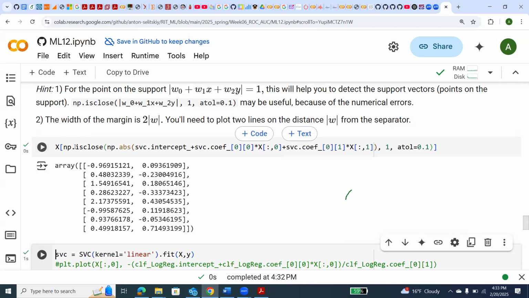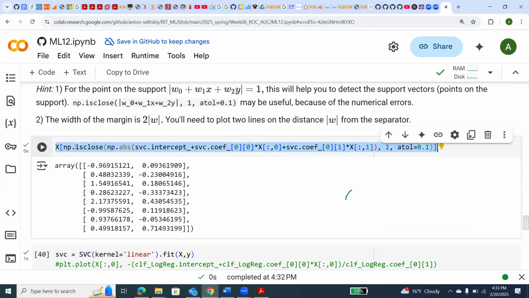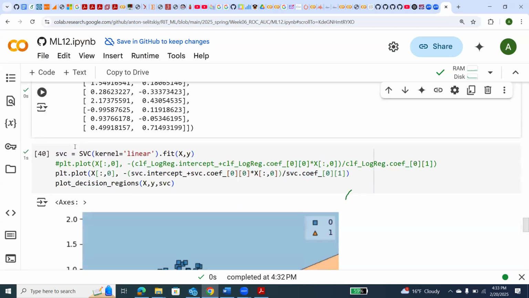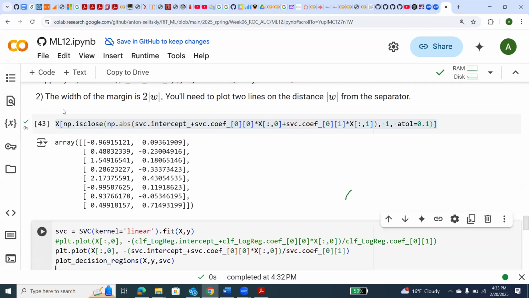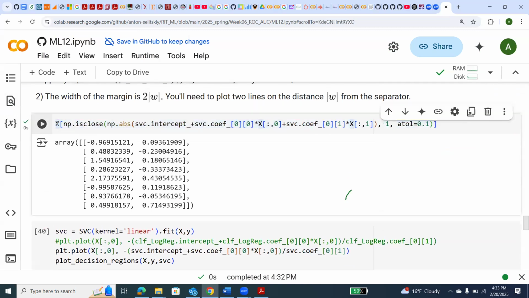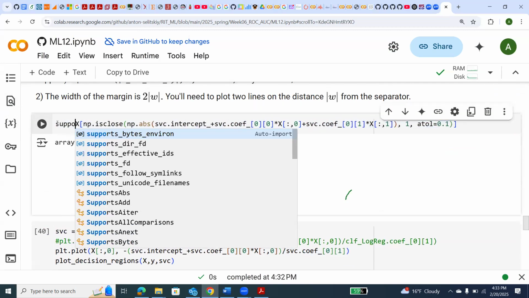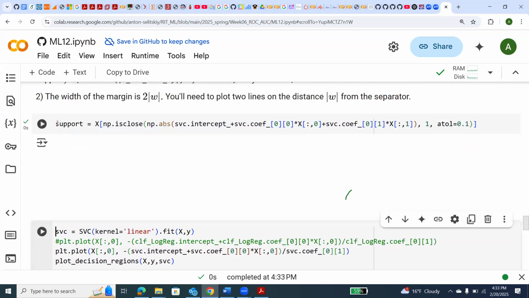So I will plot it. Oh, sorry. Let's denote this by support vectors.